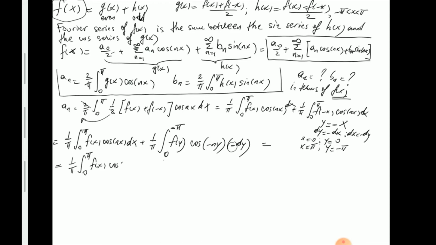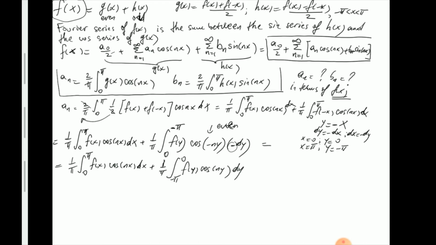These are properties of Riemann integrals, if you remember from calculus 1. So that's now the integral from minus pi to 0. The minus from the outside disappears. And remember, cosine is an even function. So that means cosine of minus ny is the same thing as cosine of ny. So the second piece of the integral now is from minus pi to 0 of f of y cosine of ny dy.